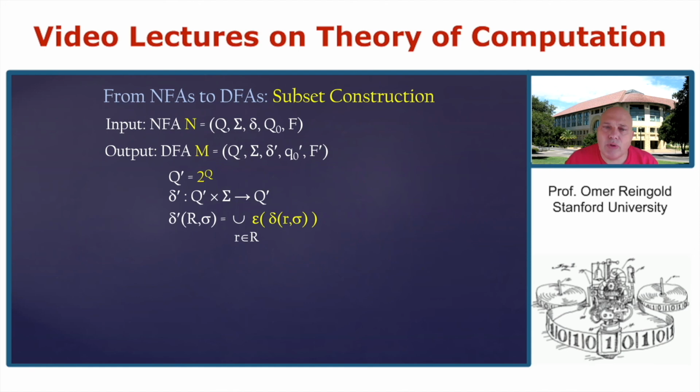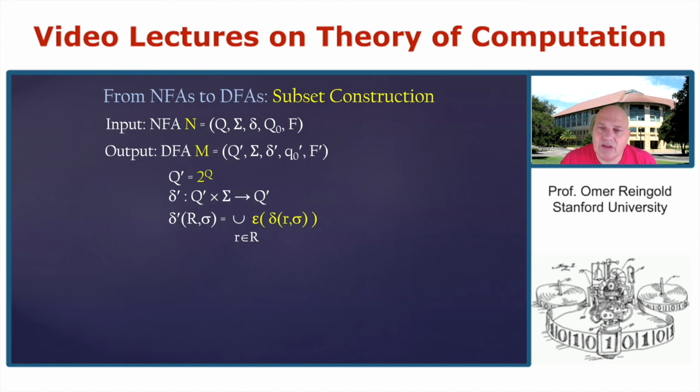The way we want to define it is to take the current state R, which is an element in Q prime. So R is a subset of states in Q, and these are all the states you could have reached so far.